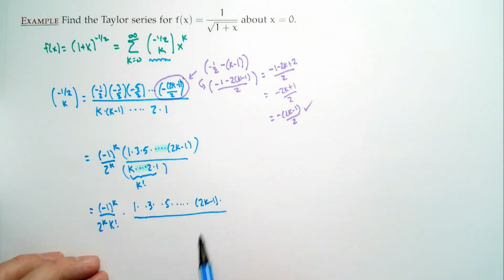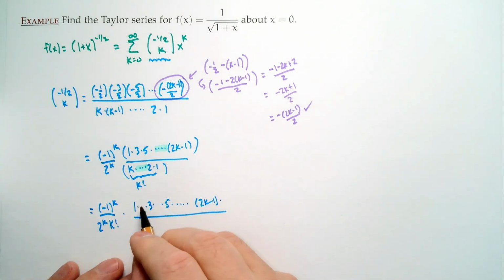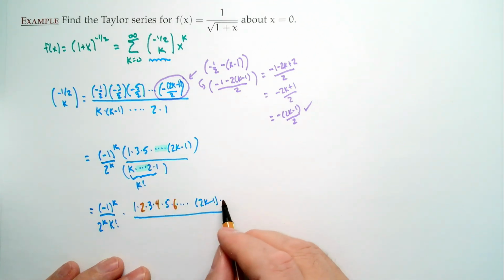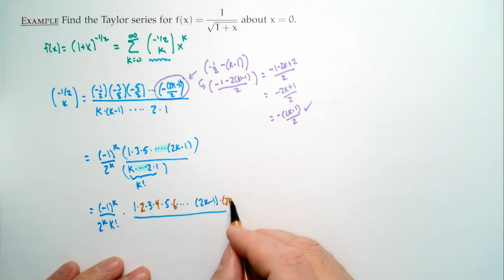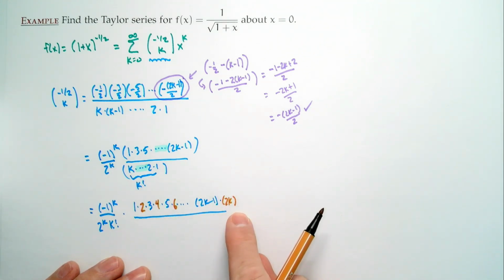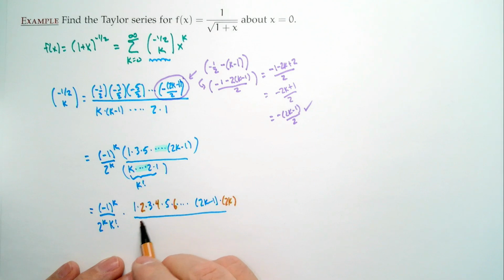The way you fix it is you say, let's fill in the gaps. So what are the gaps? Well, the gaps are the evens: 2, 4, there's a 6 here, and let's go ahead and finish it at 2k. So now that looks exactly like a factorial, but I can't just arbitrarily add numbers in.